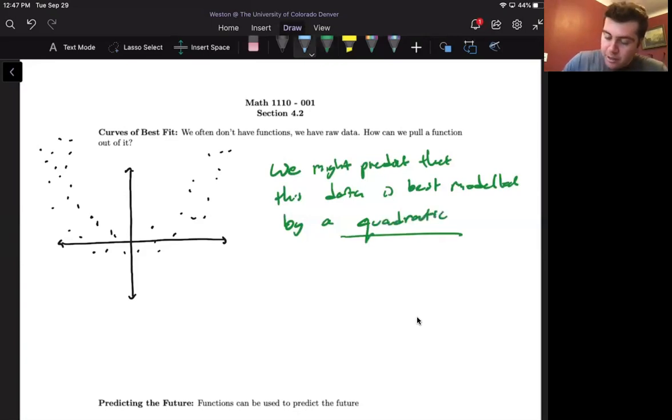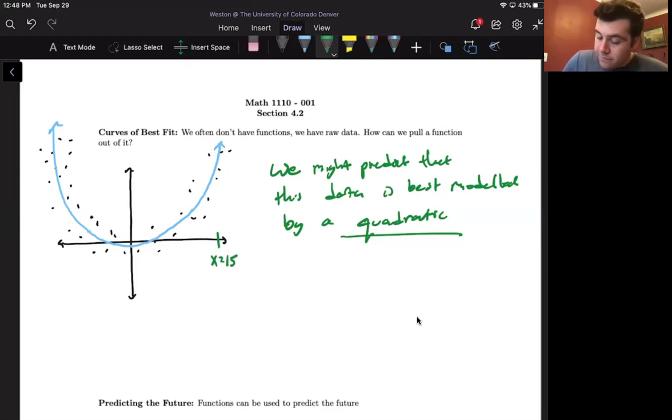And that's just guessing where it looks like we can just draw a quadratic into this data set, and that gives us a pretty good approximation of our data. And we're interested in these approximations because say our data was cut off here at x equals, let's call that 15.